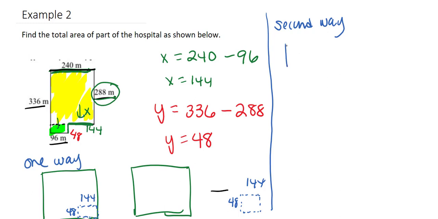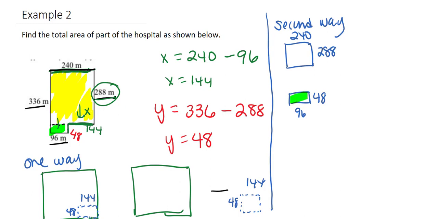So for this one, we're going to take the top rectangle. We have 240 and then 288 on the side. And then the small little one over there, these are not drawn to scale at all, is the second little green part.